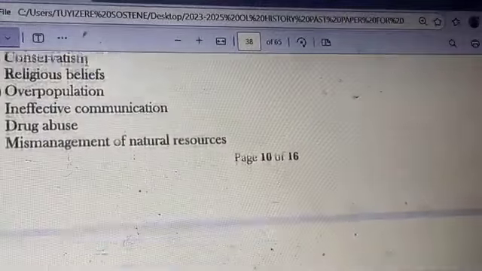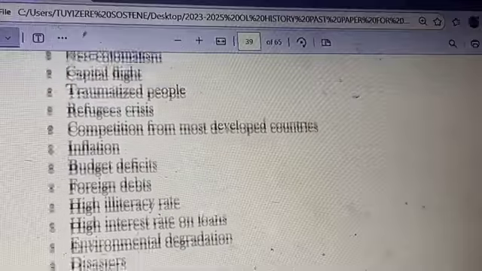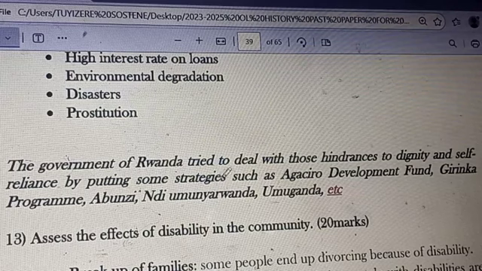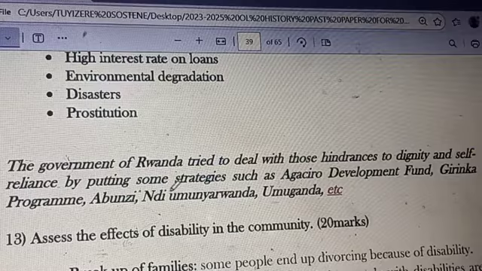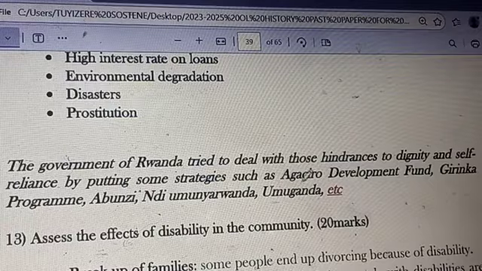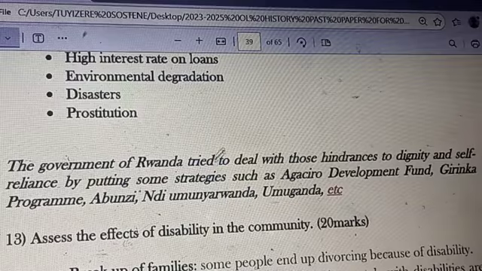And after explaining the points in the body, you must add the conclusion. The government of Rwanda tried to deal with those hindrances to dignity and self-reliance by putting in place some strategies such as Agaciro Development Fund, Girinka Program, Abunzi, Ndi Umunyarwanda, Umuganda, etc.